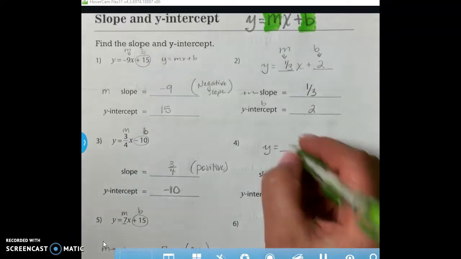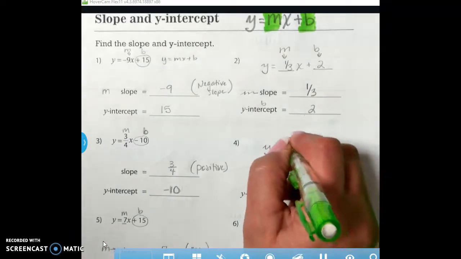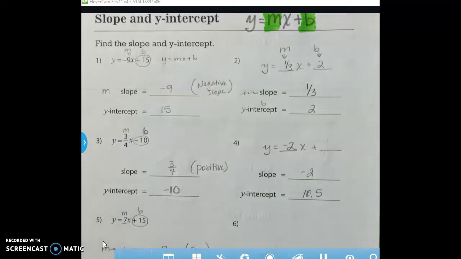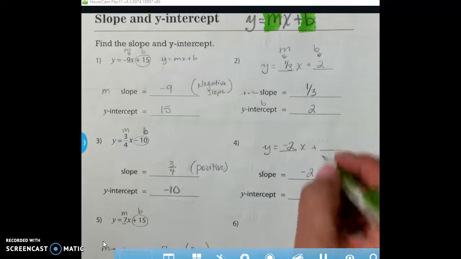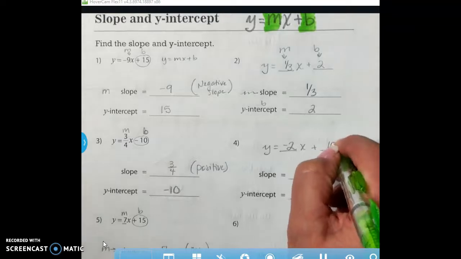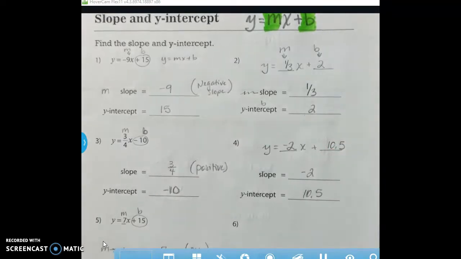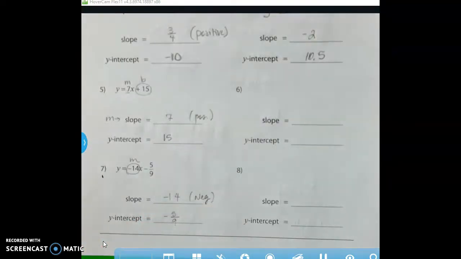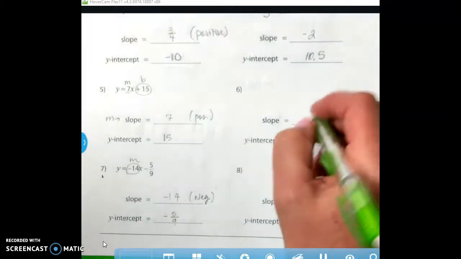So my -2 would be going in front of x, -2x. Yes, that would be negative slope. We're going to be working on graphing, and all of these values and all of the signs are going to be super important. And then the y-intercept, the b value, would be right here. All right, I would like for you to complete the other two equations. I'm going to go ahead and fill out the slope and y-intercept values.